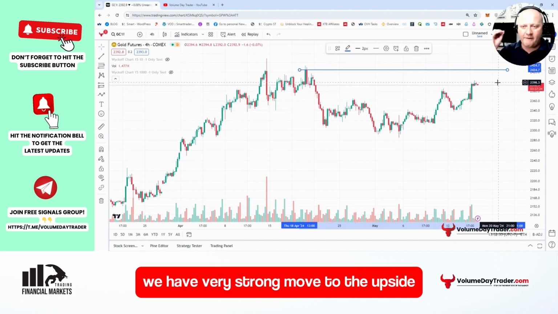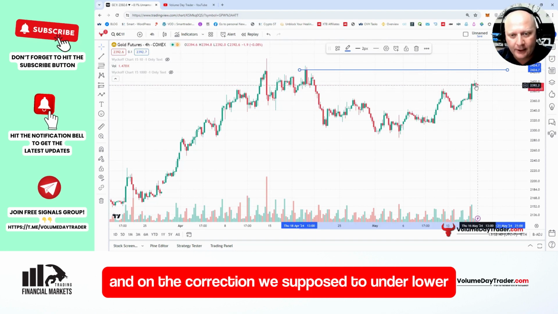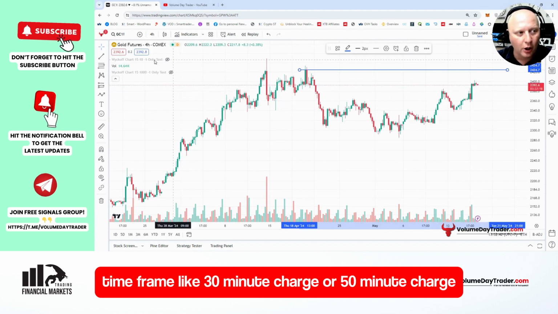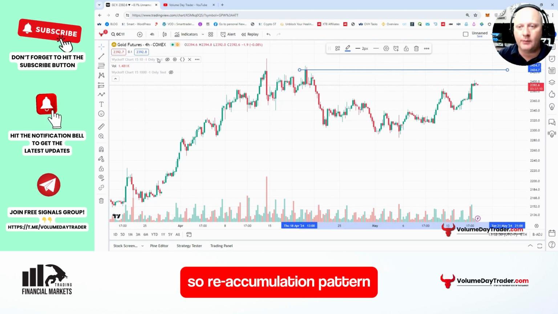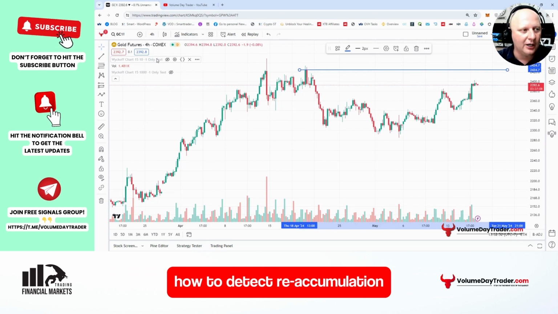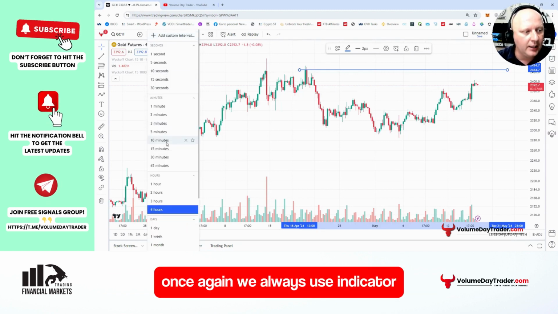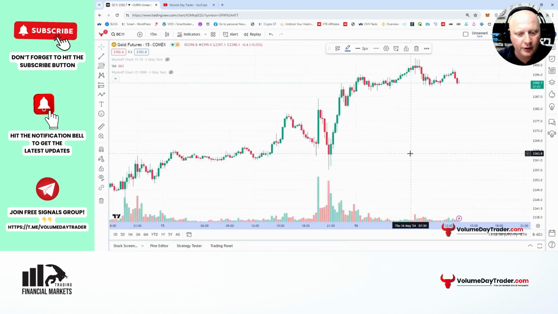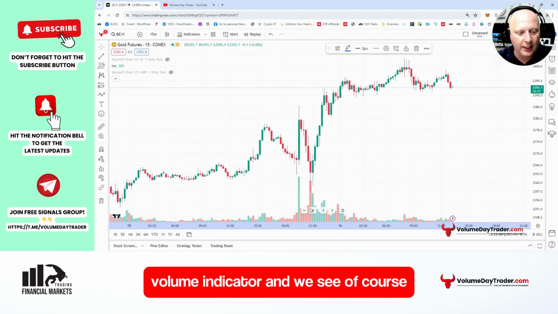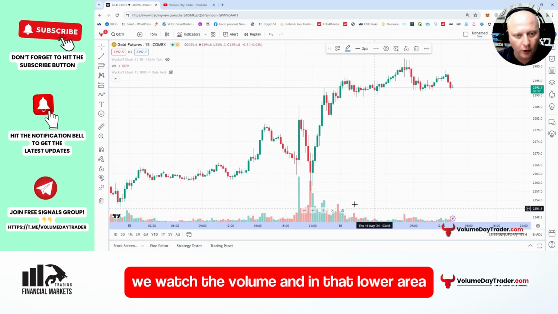We have a very strong move to the upside, and on the correction, on the lower time frame, like the 30-minute chart or 50-minute chart, we're supposed to look for some continuation pattern, so a reaccumulation pattern. How to detect reaccumulation? Once again, we always use a volume indicator, and we watch the volume.